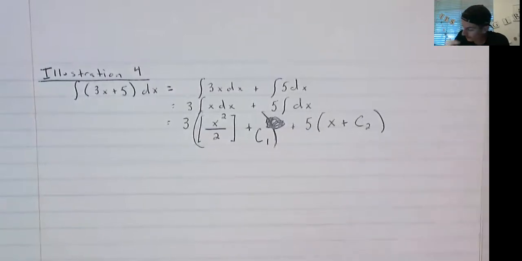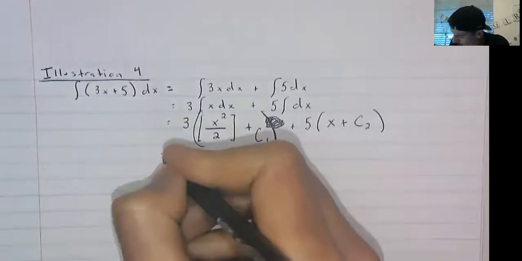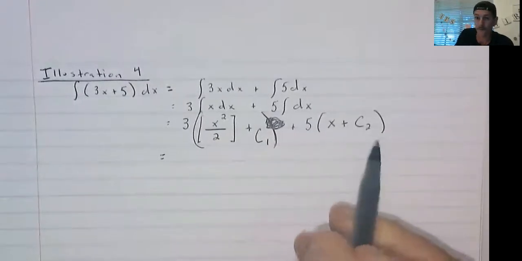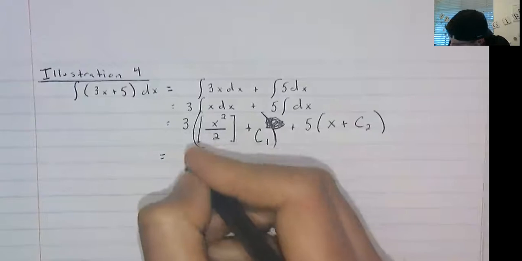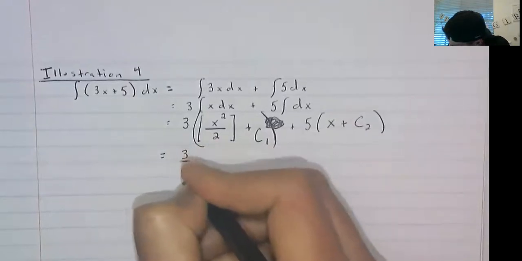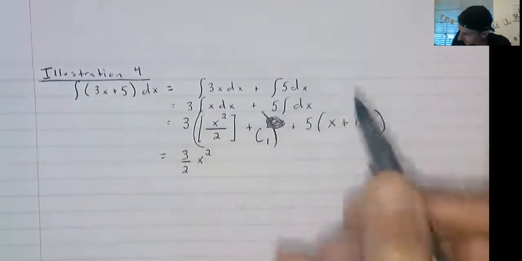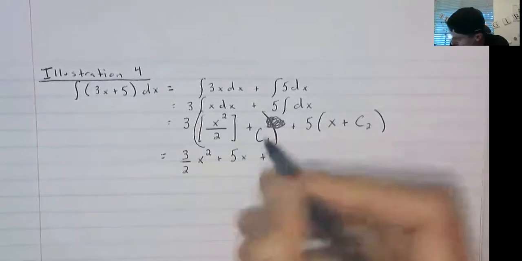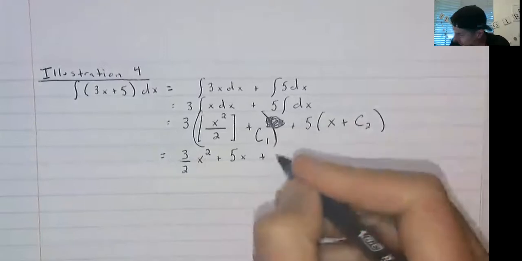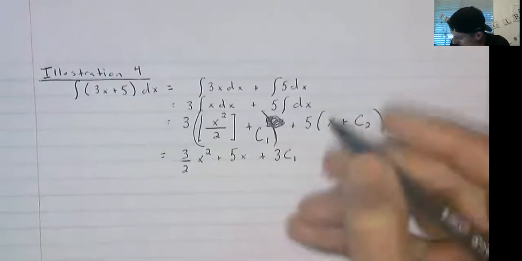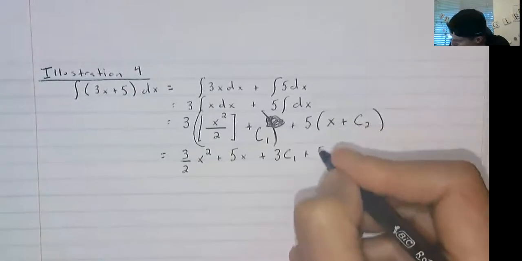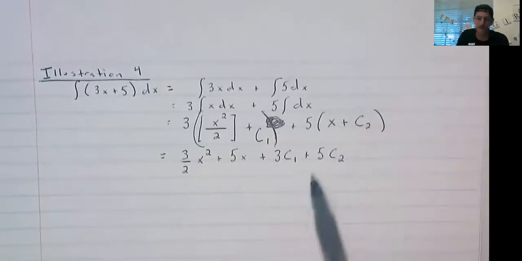So that's a little bit troublesome, but in a second we'll see that we're never going to do this again. We're never going to do 2 constants, because this becomes 3/2 x squared plus 5x plus, we'll distribute this 3 and call that 3 times the first constant. We'll distribute 5 and call this 5 times the second constant.